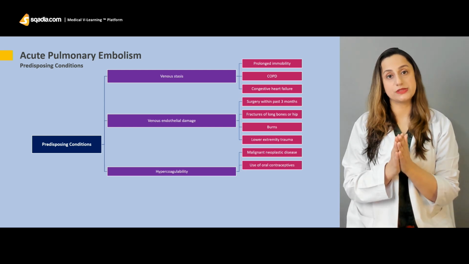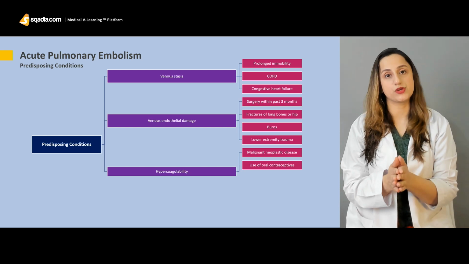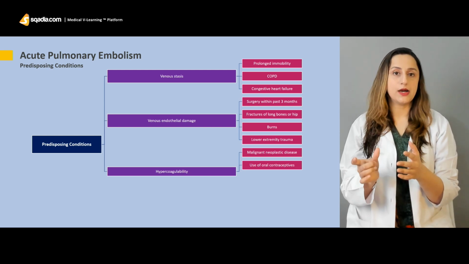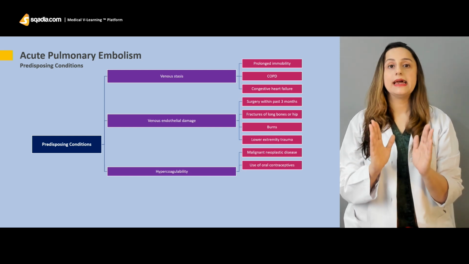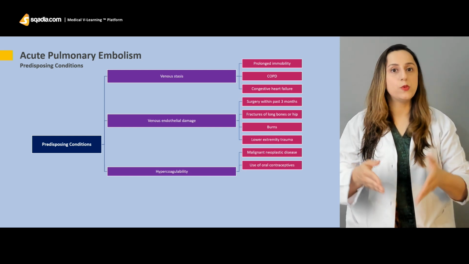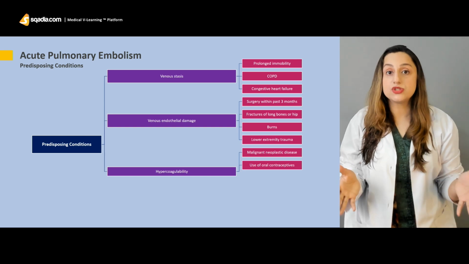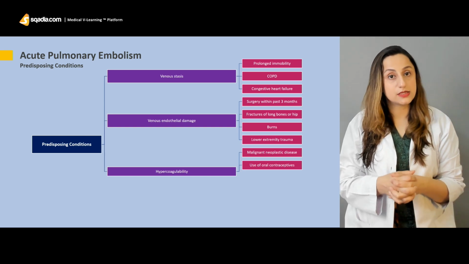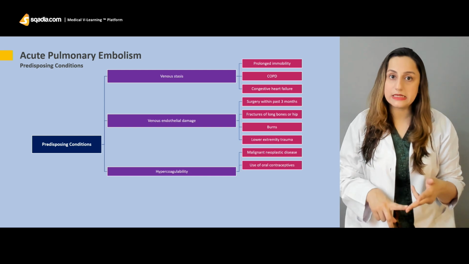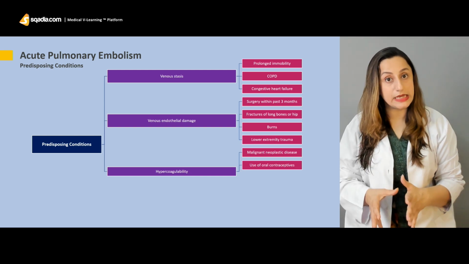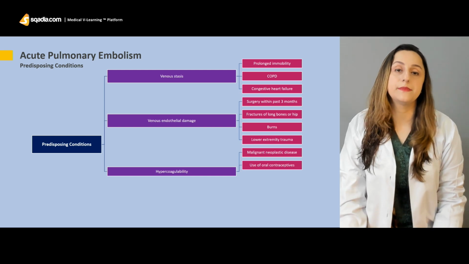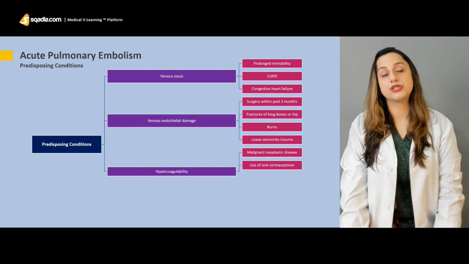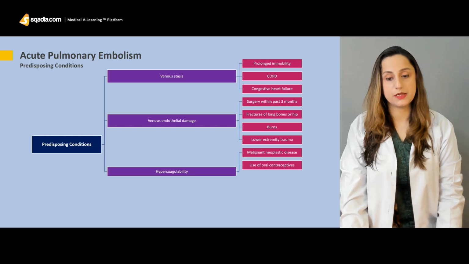Again, you have to focus on the fact that history taking is very important. If you want to point out any kind of trauma that the patient had undergone, if he or she has had surgery within the past 3 months, any major surgery, so the surgical and the medical history, along with the drug history, any kind of prolonged use of oral contraceptives can be highlighted while you're taking the history from these patients.